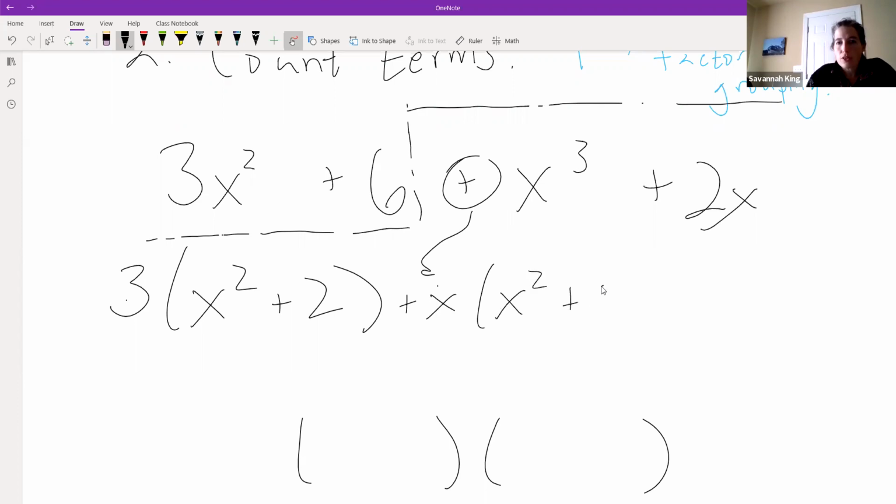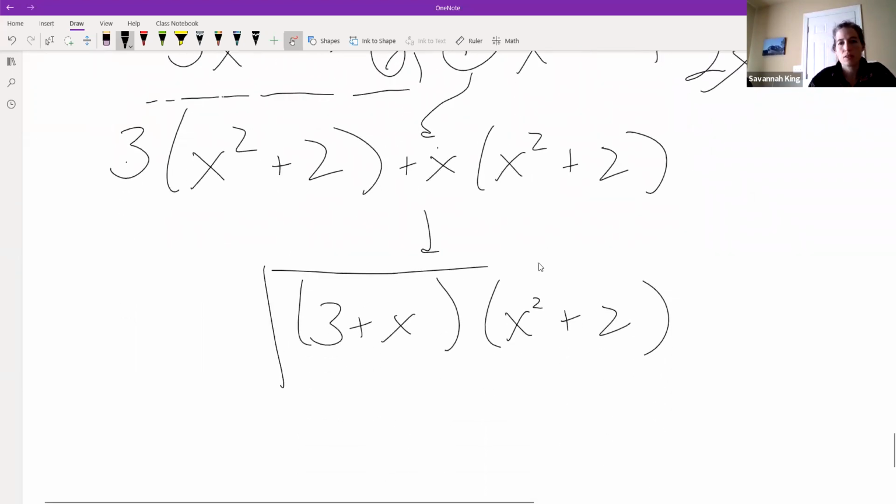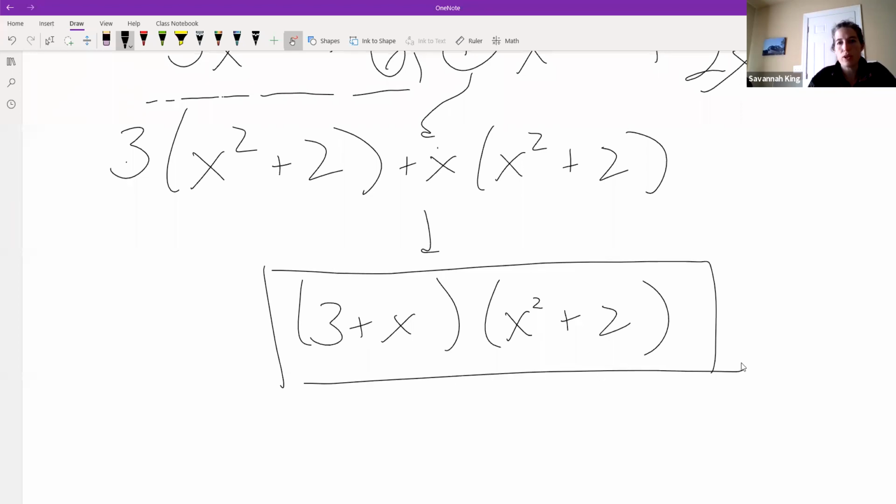X squared plus 2, they match, and then one order or the other, either the 3 plus x first or the x squared plus 2 first. Okay, so great job with that one.